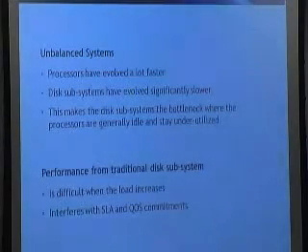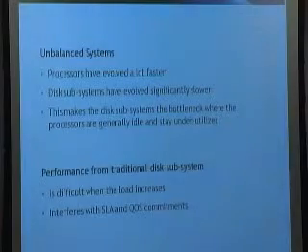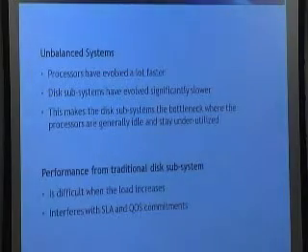The spinning platter can only spin so fast before it starts losing data and reliability. Whereas on the processor side, there are no moving parts, there are no moving components, and therefore that piece of technology is prone to significant improvement.